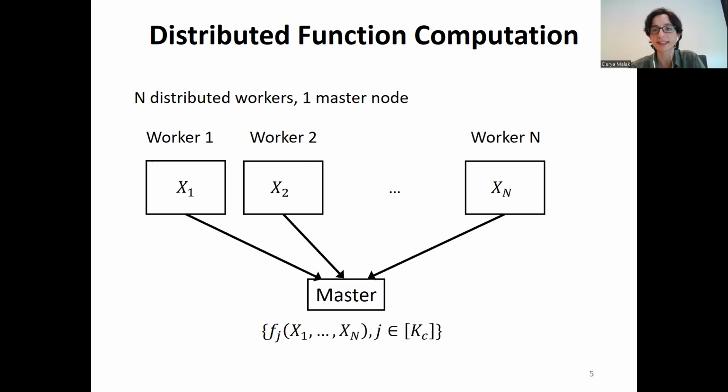Let's say there are k_c functions that the master is interested in recovering, and these functions are multivariate functions of all these workers. The workers transmit some information to the master, and they are distributed, which means they cannot communicate with each other. The master is only interested in recovering the set of these functions.